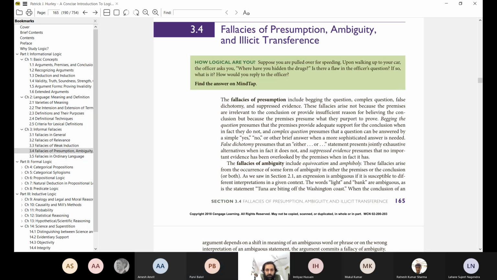Okay, what do you think, Purvi? Sir, is there a flaw? I think yes, sir, because for speeding, if he's pulling over, then the question of where the drugs are hidden is not at all justifiable because he was just speeding. Maybe he was in a hurry, or maybe he had to get somewhere really fast.